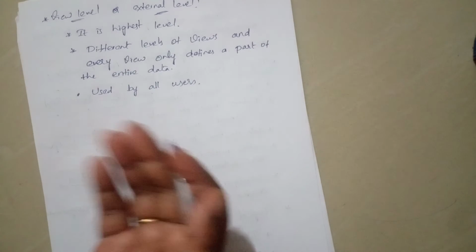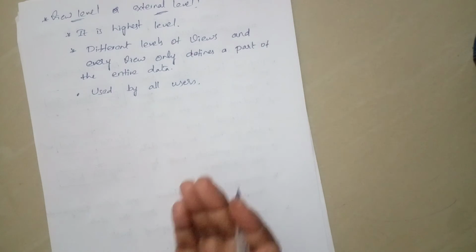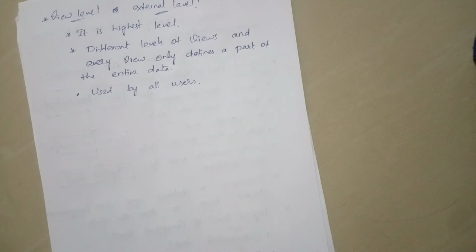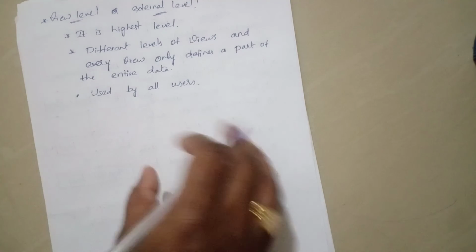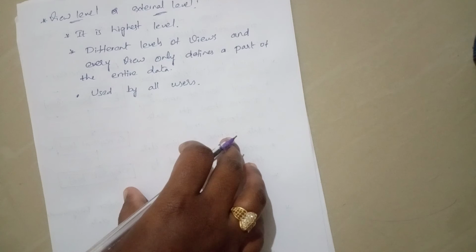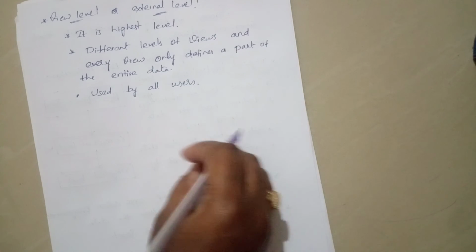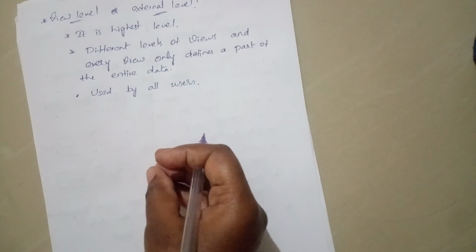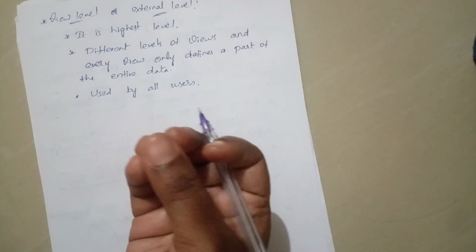For example, the user can interact with the system by using a graphical user interface, that is a view level, enter queries at the graphical user interface, and access the data from the database.